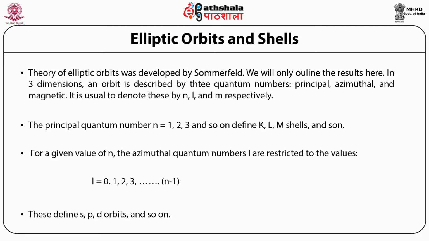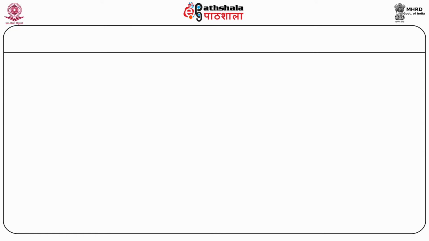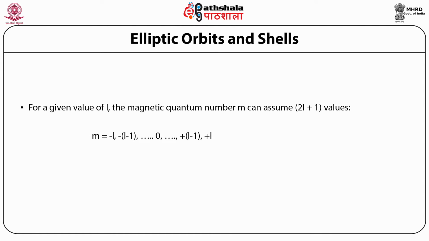We have talked about the quantum numbers n and l, and the third one is the quantum number m. Now on the screen you can see what possible values the quantum number m can take, for a given value of l. The magnetic quantum number, as it is called, can assume 2l plus 1 values, as you can see on the screen.